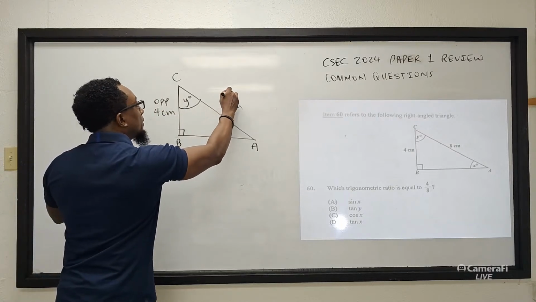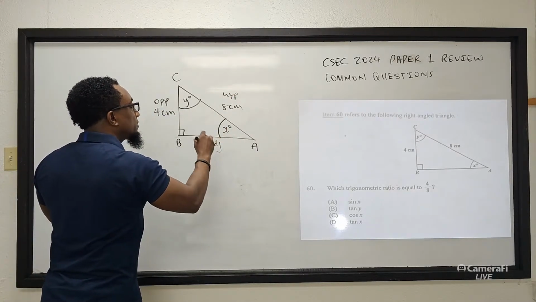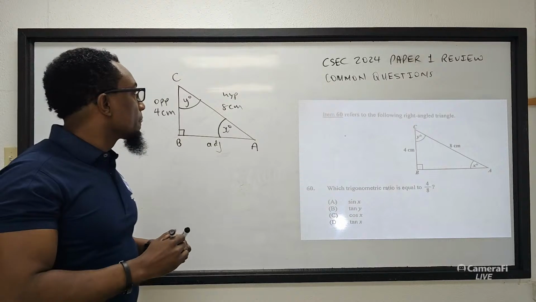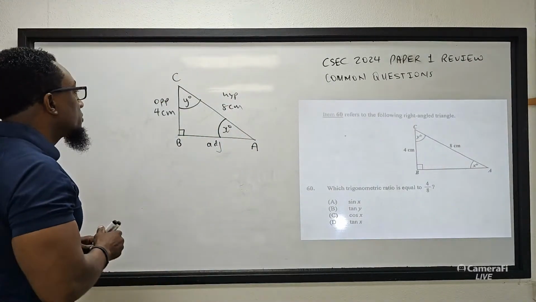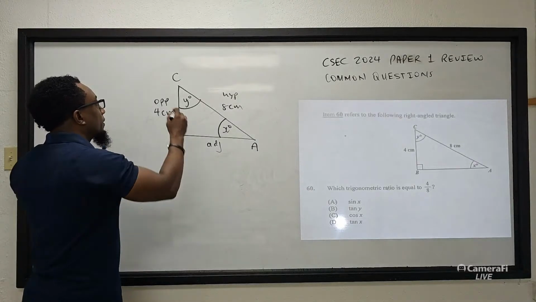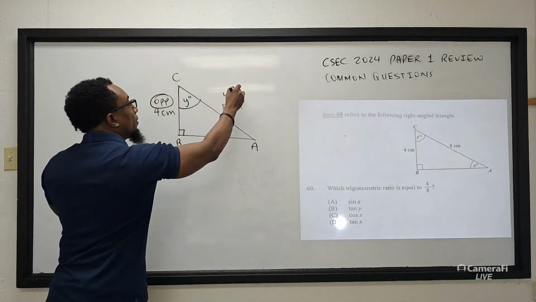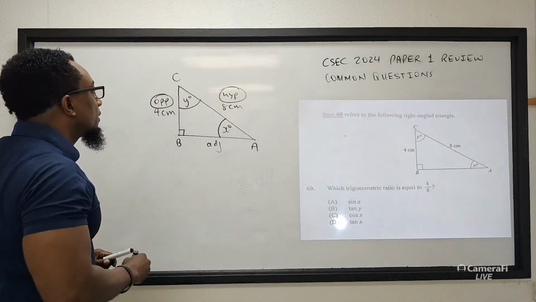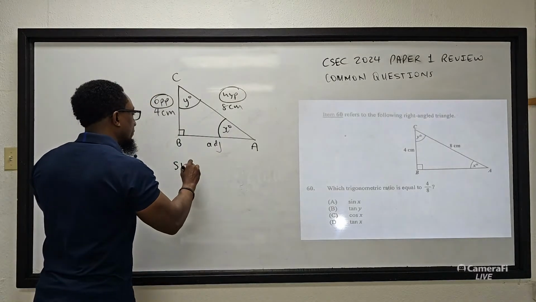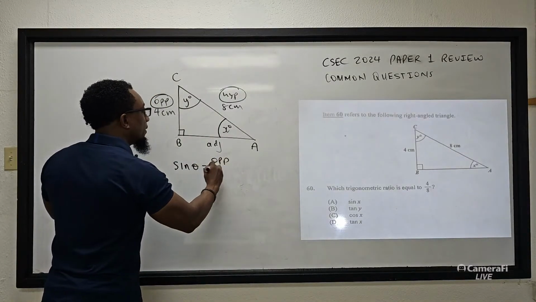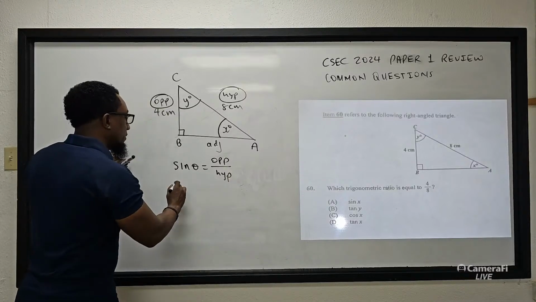This is the hypotenuse, and this is the adjacent side. Good? So to get 4 over 8, it is going to be opposite all over hypotenuse, and opposite over hypotenuse will be sine theta. It's equal to side opposite all over hypotenuse.